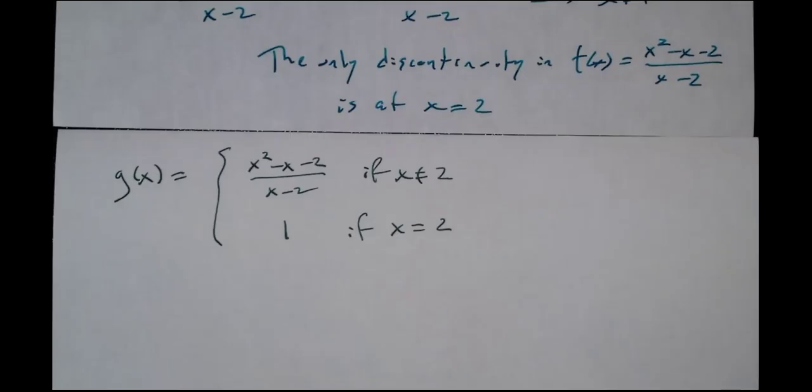Okay, so how do I check that? Remember, my definition has 3 parts to it. A function is continuous at a point if 3 things occur, right? If I have a value, a limit, and they match. Do I have a value at x equals 2?